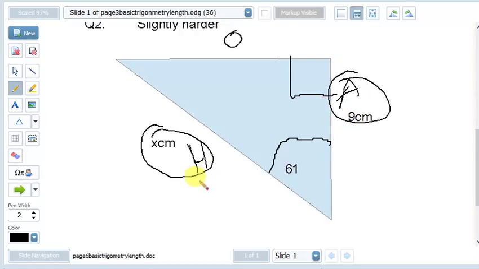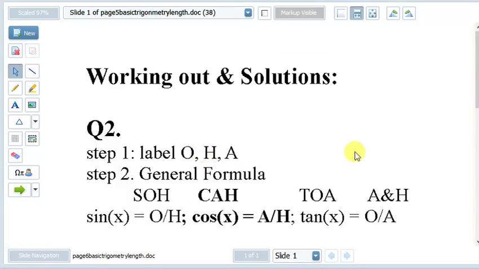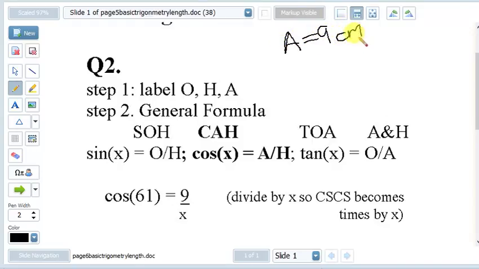So A is 9 and the angle is, okay, so let's have a look. So A was 9, and this one here is a slight bit trickier. Don't know whether you notice this, but A is 9 centimetres and H in this case was x, and the angle was 61 degrees.